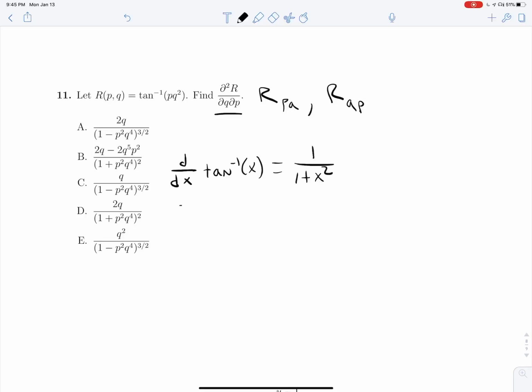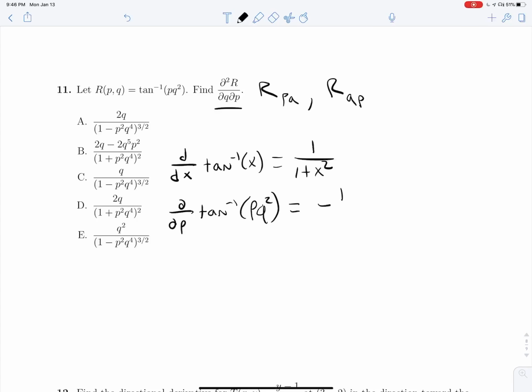Partial p, I guess we'll do p first, of tan^-1 of pq squared. And so this will give us 1 over 1 plus pq squared, quantity squared, multiplied by, because we have to apply the chain rule, q squared. Sorry about that. p squared, q to the 4th.